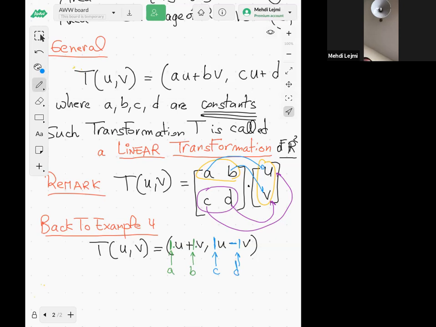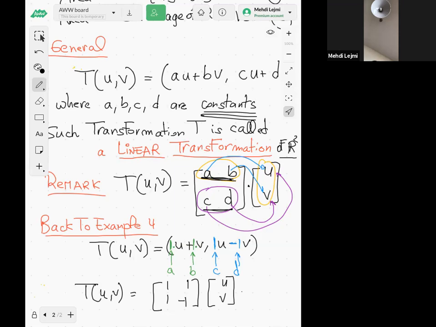So what I'm saying is that this is a linear transformation because you can write this T of (U, V) as a matrix with A, B in the top first row, and the second row we have C, D. So it's 1, 1 in the first row, and 1, -1 in the second row, times (U, V).